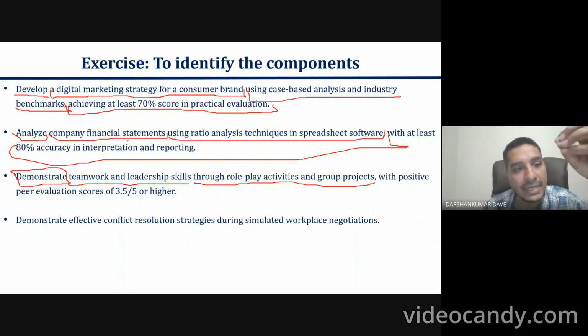In the next one, with at least 80% accuracy in interpretation and reporting, it is given. So along with the success percentage, we are giving you the concept of the way of assessing their learnings. For the first one, it is practical evaluation. For the second one, it is interpretation and reporting. And similarly, for the third one, it is positive peer evaluation.